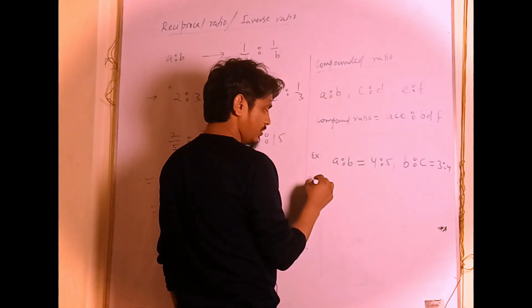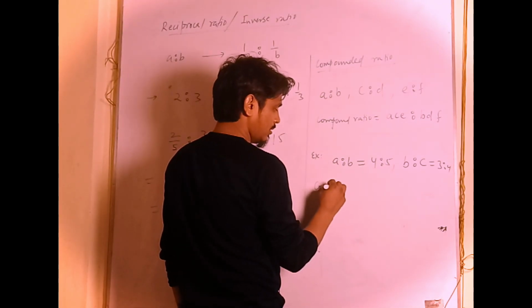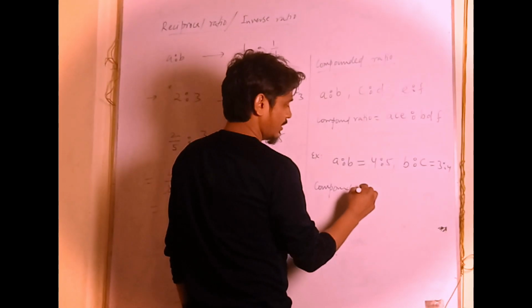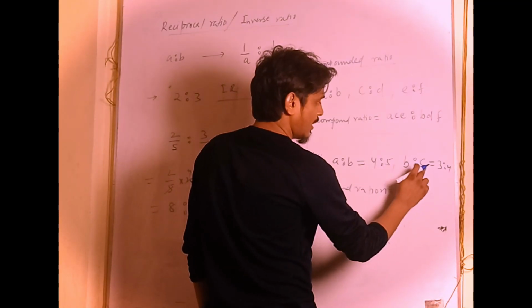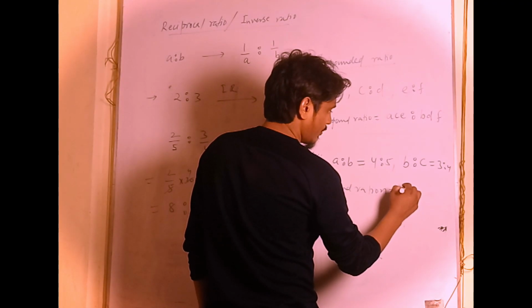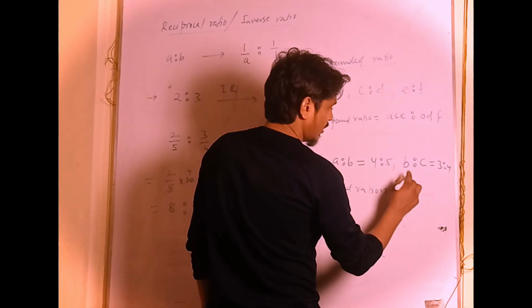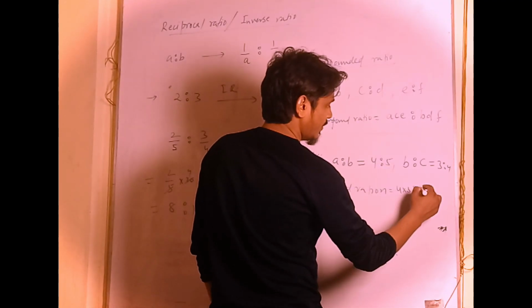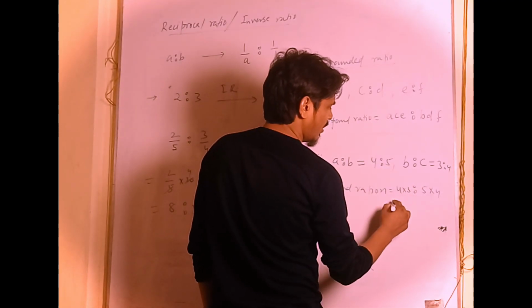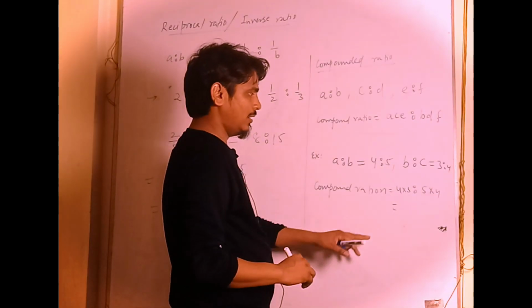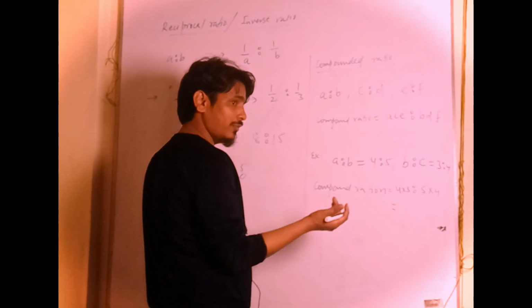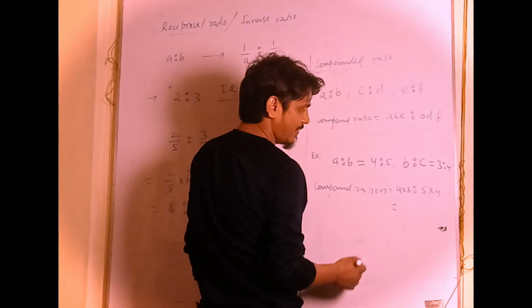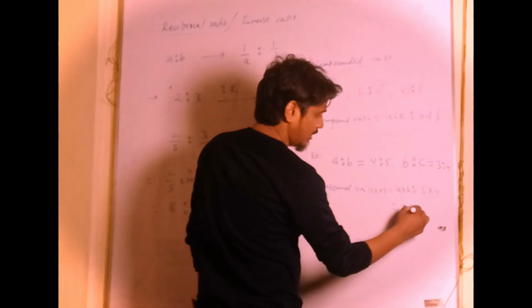Then the compound ratio is the product of antecedents, which is 4 multiplied by 3, ratio the product of consequents, which is 5 multiplied by 4. Now you can find that antecedent and consequent both have 4 as a common factor, so we can cancel the common factor. We get 3 ratio 5.